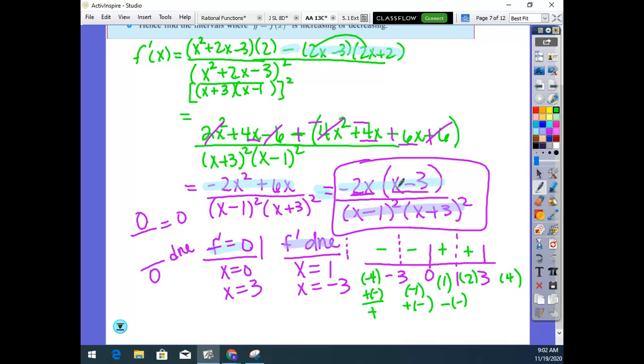Negative, positive is a negative. All right. So it's decreasing, but then there's some type of an asymptote or something. Then it's still decreasing, increasing, increasing, decreasing.